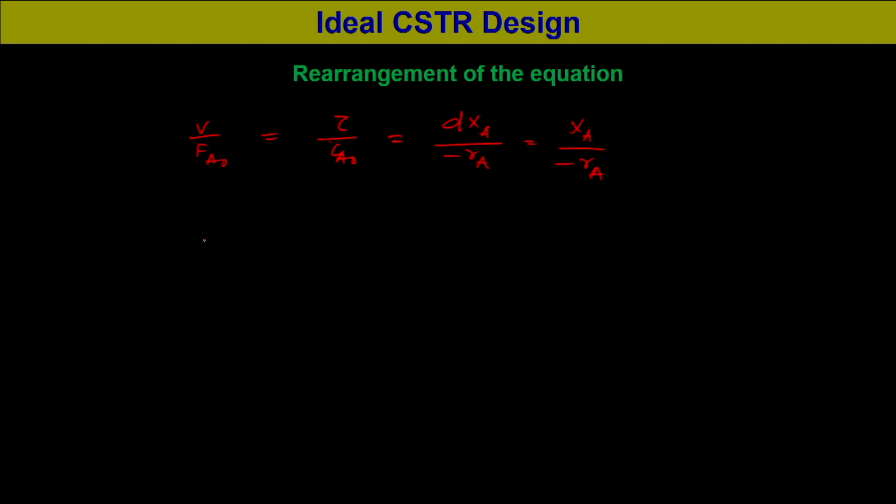or in other words we can write tau is equal to 1 by S, which is equal to V by V naught.